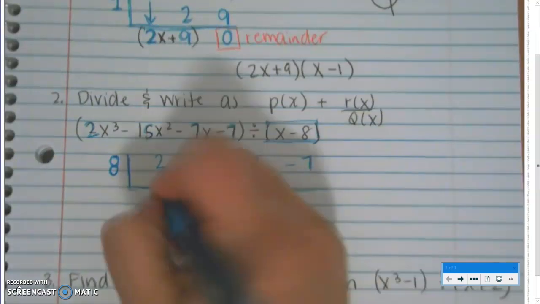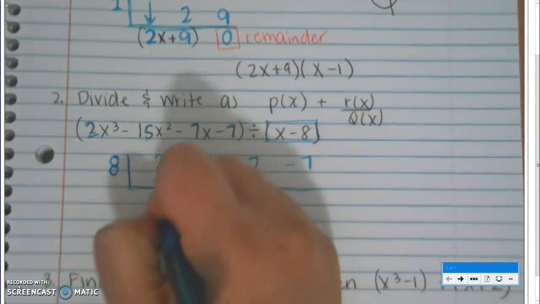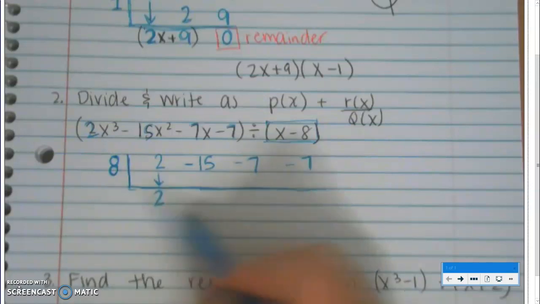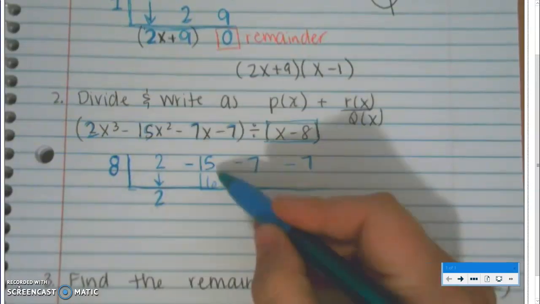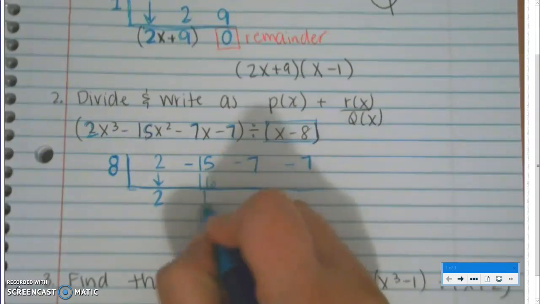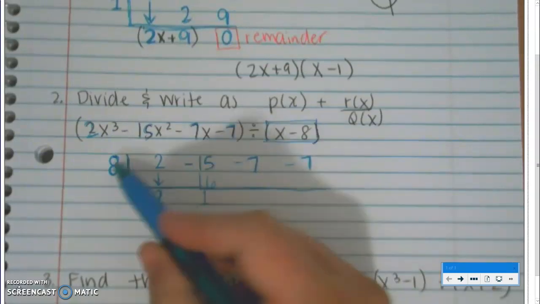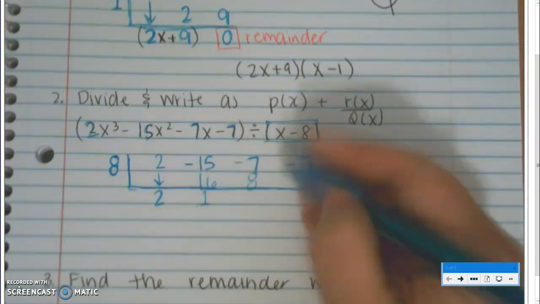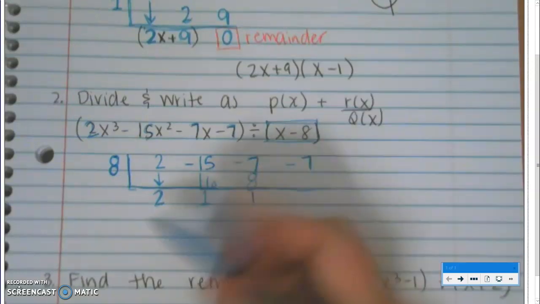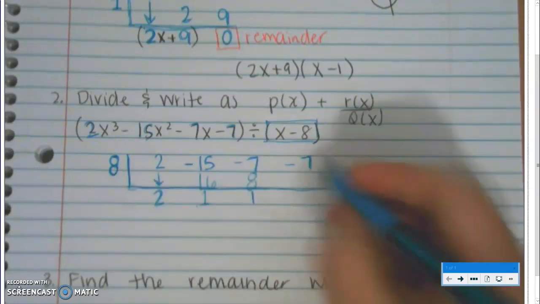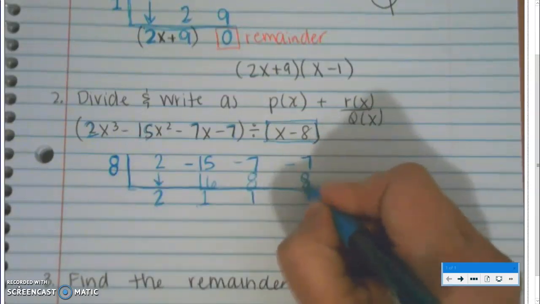All right, drop down. Multiply, add. Multiply, add. So 8 times 2 is 16. Add that together, I get 1. Multiply, 8 times 1 is 8. Add. Negative 7 plus 8 is 1. Multiply, add.